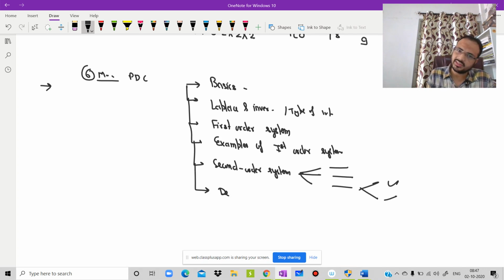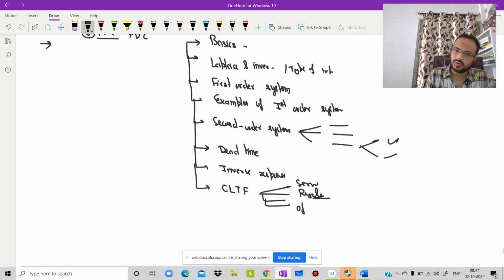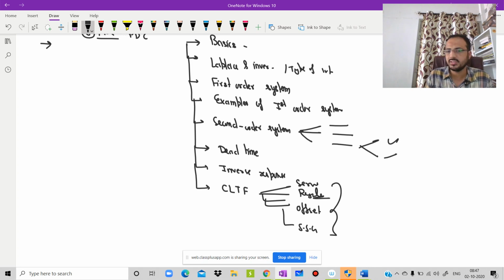After that, we discussed dead time, inverse response, CLTF, closed loop transfer function. In this, we have discussed four things: servo problem, regulatory problem, calculation of offset, calculation of steady state gain. Is it clear?